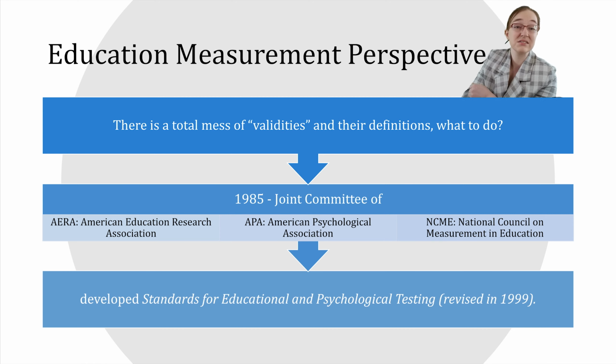And so it just was a hot mess. And so in 1995, the Joint Committee of AERA, the American Educational Research Association, the APA, the American Psychological Association, as well as NCME, the National Council on Measurement in Education, all came together to just try and make sense out of the hot mess that became validity.